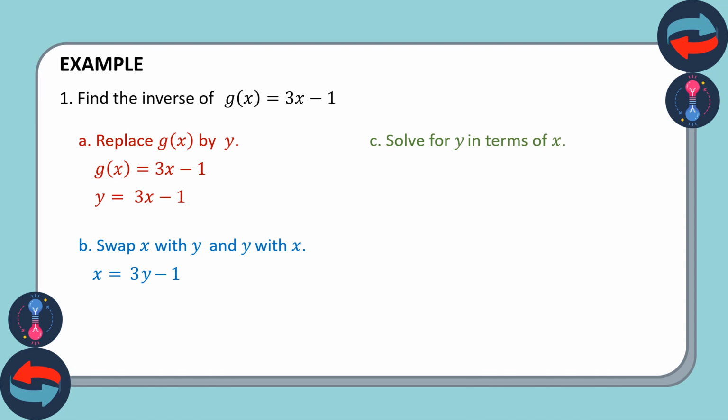We now solve for y in terms of x. To isolate y, we need to transpose negative 1 to the left side of the equation. It is now written as x plus 1 equals 3y. Then, we divide both sides by the numerical coefficient of y, which is positive 3.